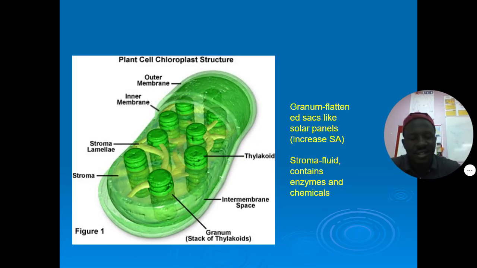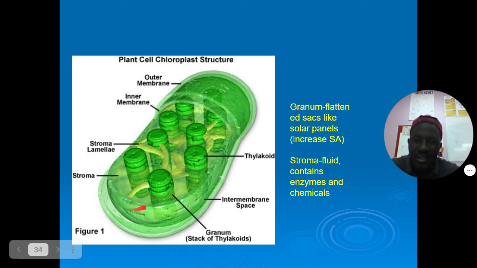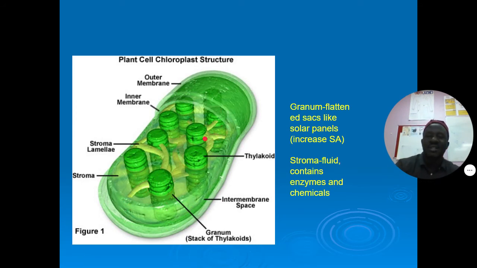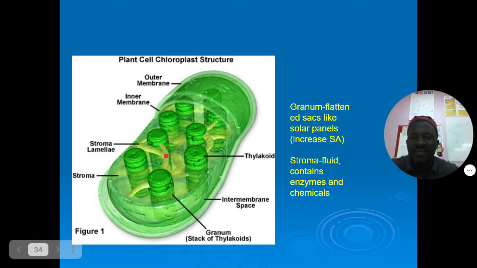If you look at it this way, you will see this is a stack. The outer membrane is oval in shape, entire and smooth. The inner membrane contains a fluid known as the stroma, and then it has flattened granules packed together to form a granum.